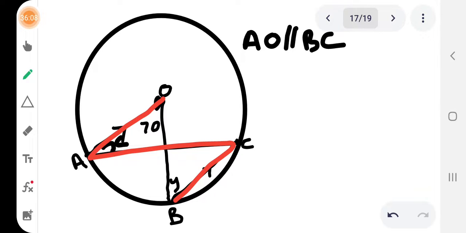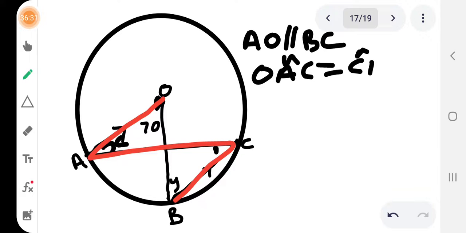So we are going to say angle OAC is equal to, let's take this as C1, angle C1.